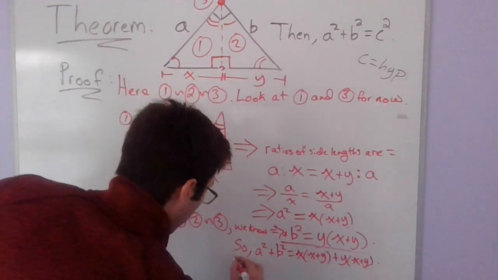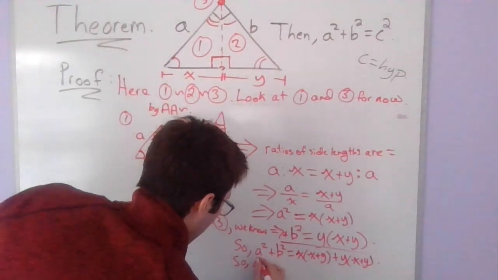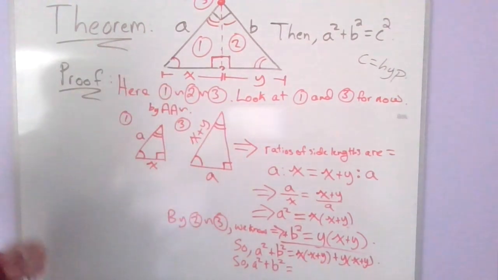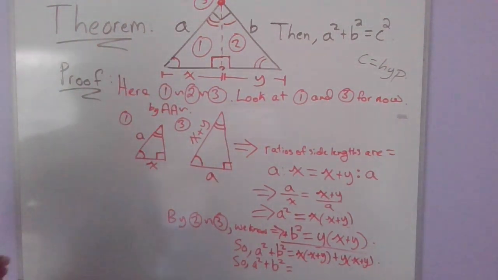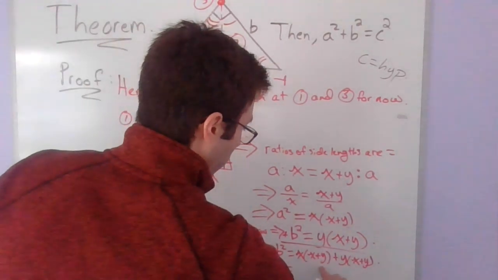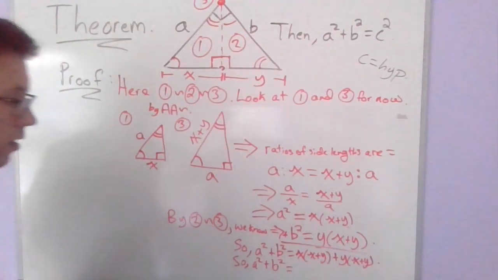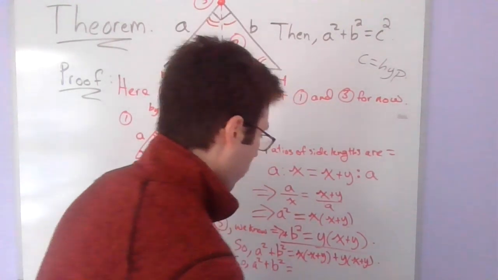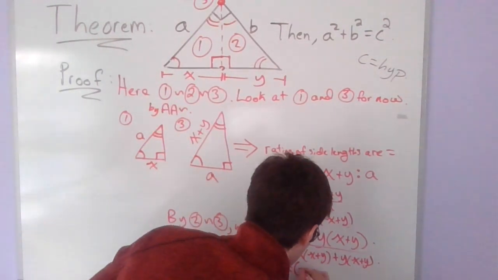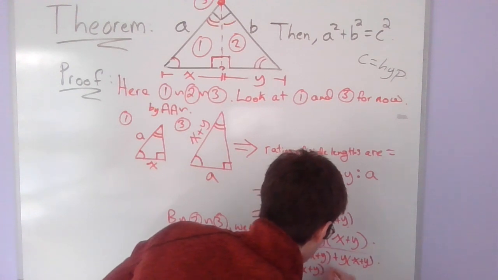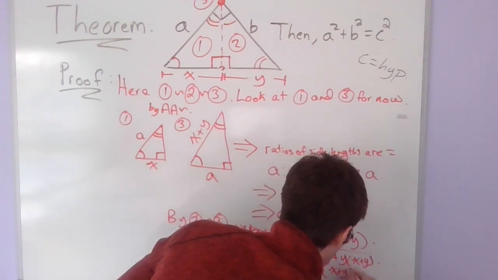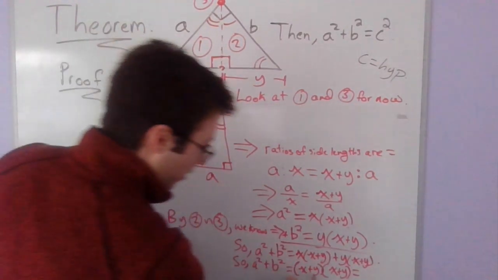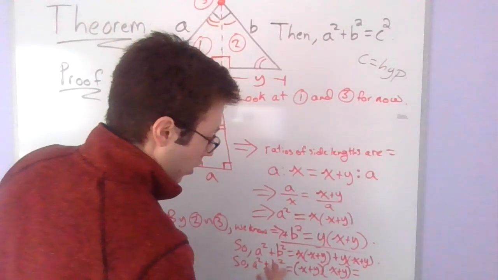Now, this means that a squared plus b squared is equal to x times x plus y, and then there's the y there, but the x plus y is the same, so we can take out the x plus y times x plus y. If you didn't see why, you can think of it like this.